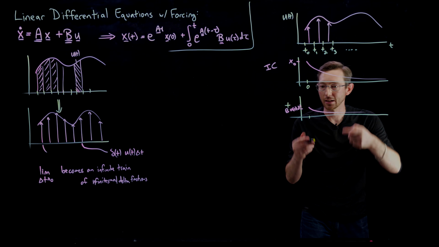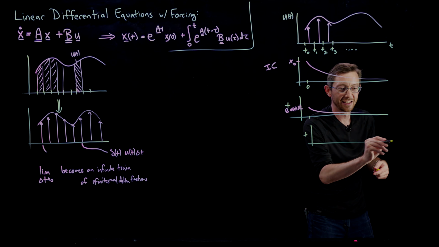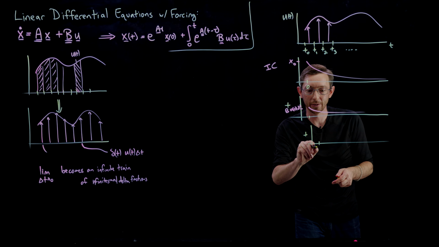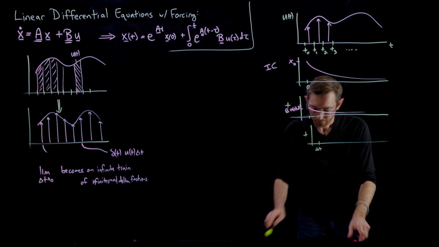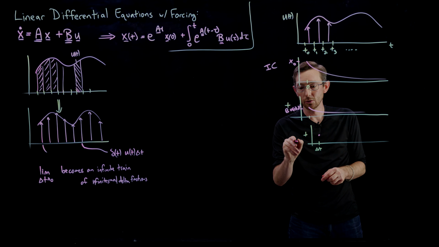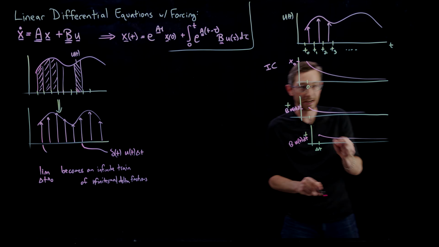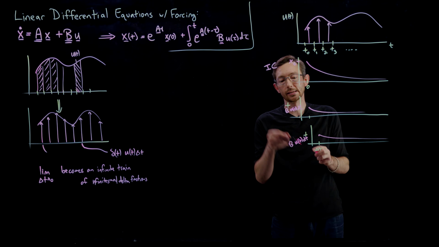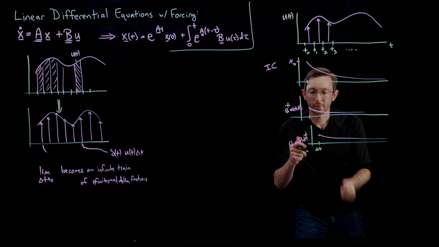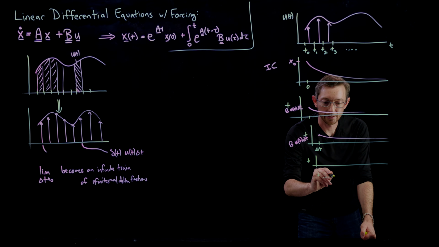And then at the next little instant in time, I'm going to try to draw this discretely. At time delta t, I have another little jump, which is u at that time, t dt times b. That's going to be a little tiny infinitesimal impulse response, plus it's shifted, plus dot dot dot.